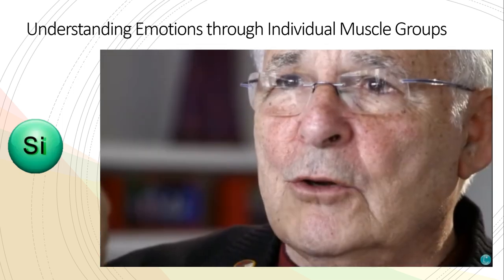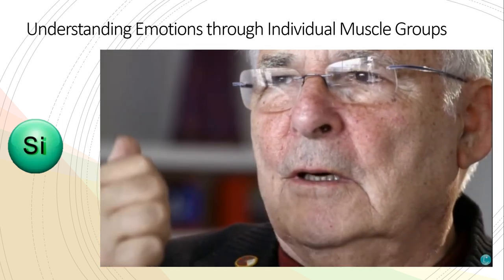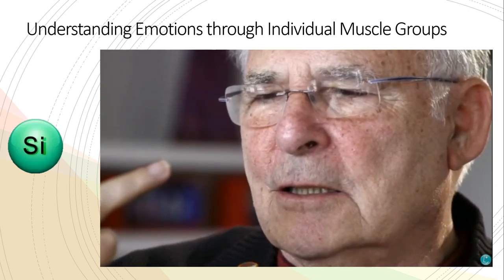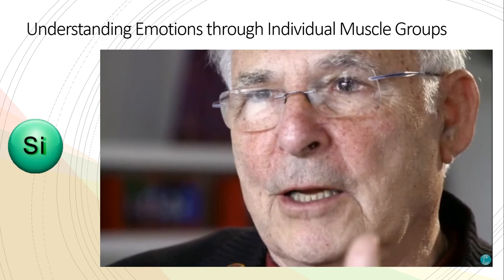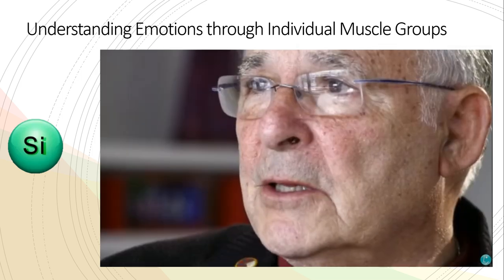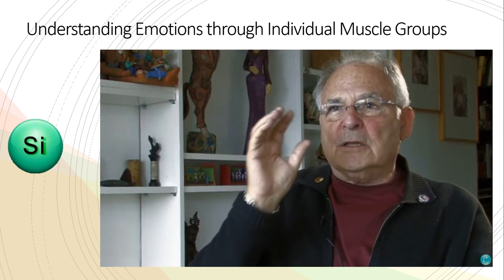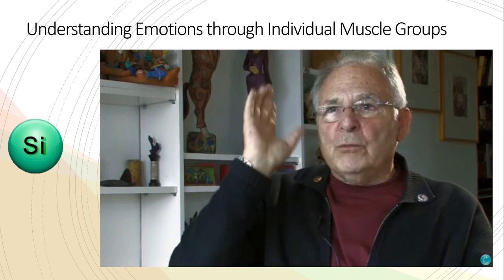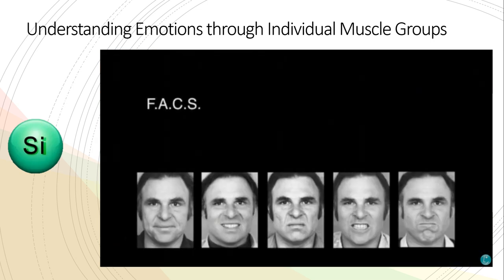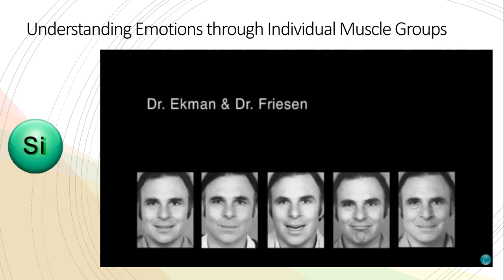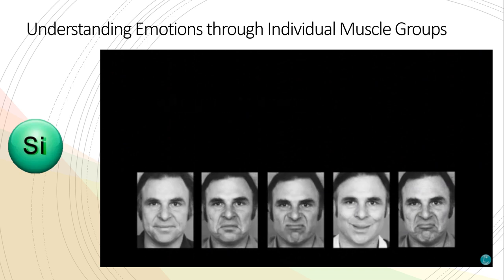So the 7 universal emotions are fear, anger, sadness, disgust, contempt, surprise, and enjoyment. And I spent the next 8 years developing a technique for quantifying and measuring all the movements the face can make, which I call the facial action coding system. And that was published in '78.